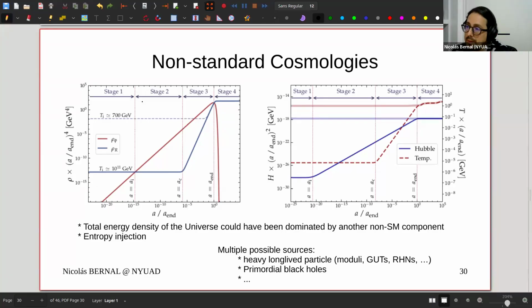We'll see what happens if you have this kind of scenario. If you have early matter domination, you have a universe dominated by matter, so a different equation of state, and at some point it has to decay, so we'll have an entropy injection.